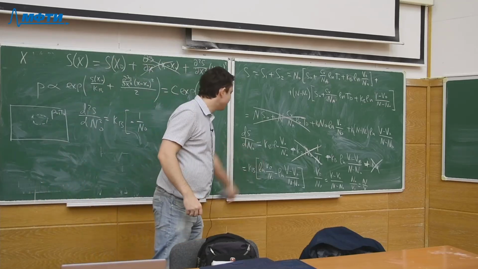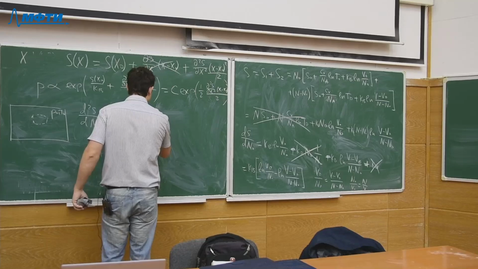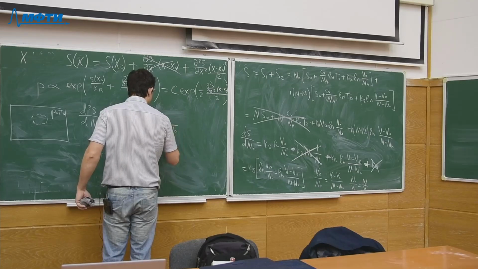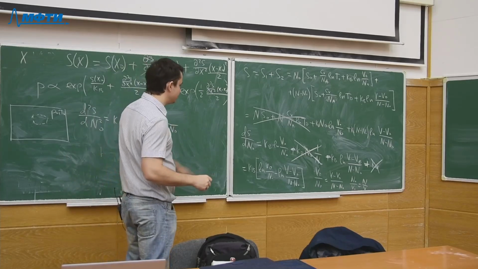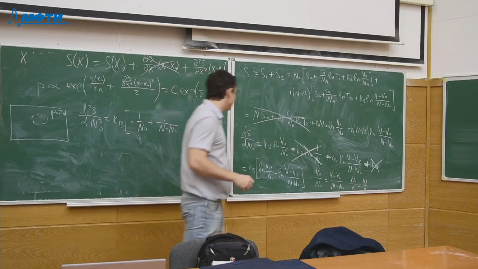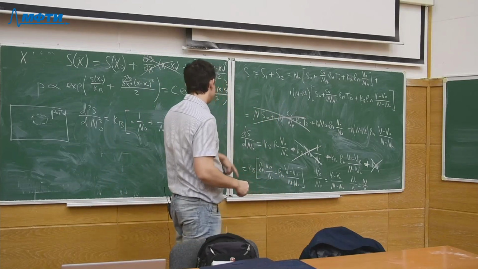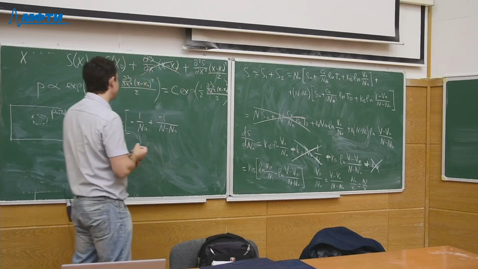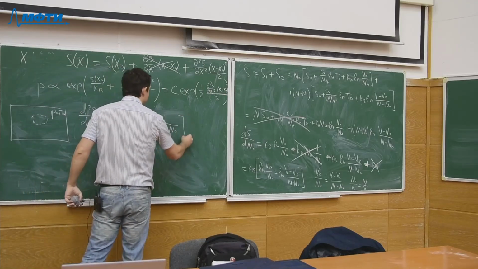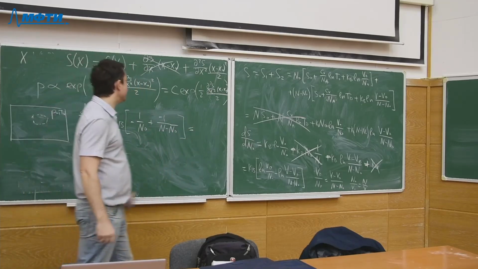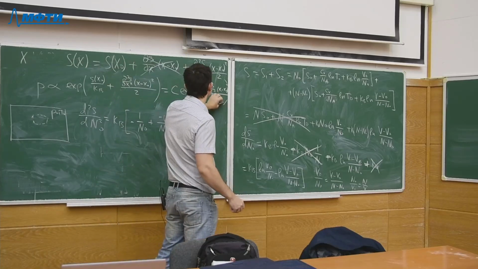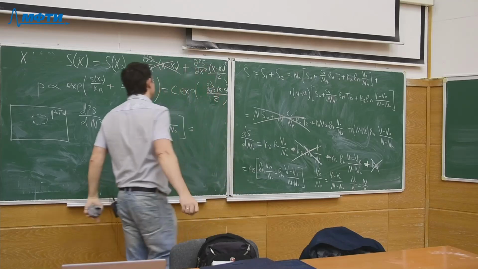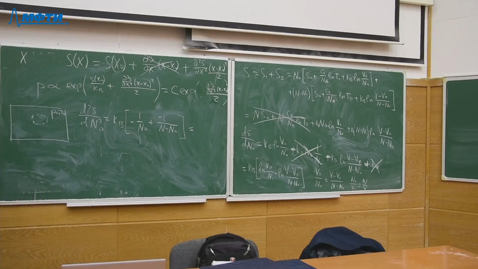And here is plus 1 over (n minus n0), but actually not plus, because when we apply the chain rule, minus logarithm gives me plus logarithm, but I need also to multiply by minus 1, which is the derivative of (n minus n0). So as we have expected in our previous discussion, the second derivative of the entropy is negative.